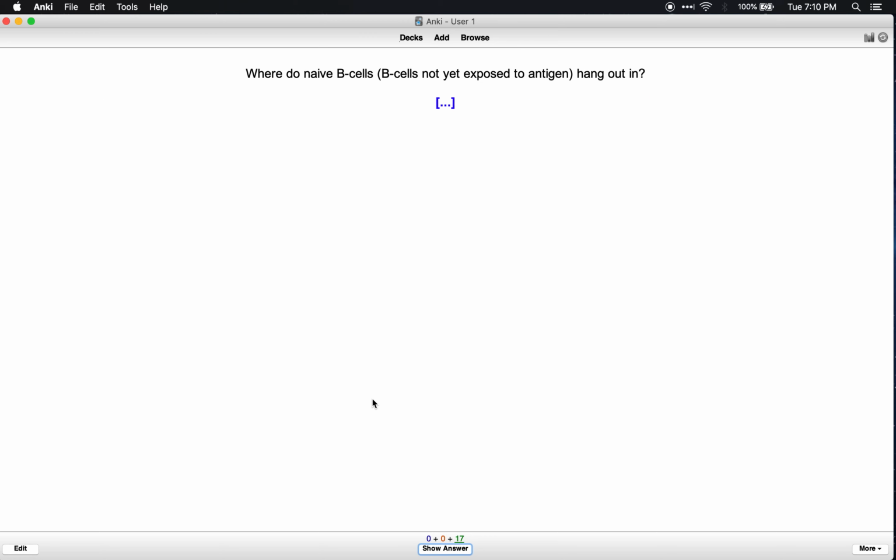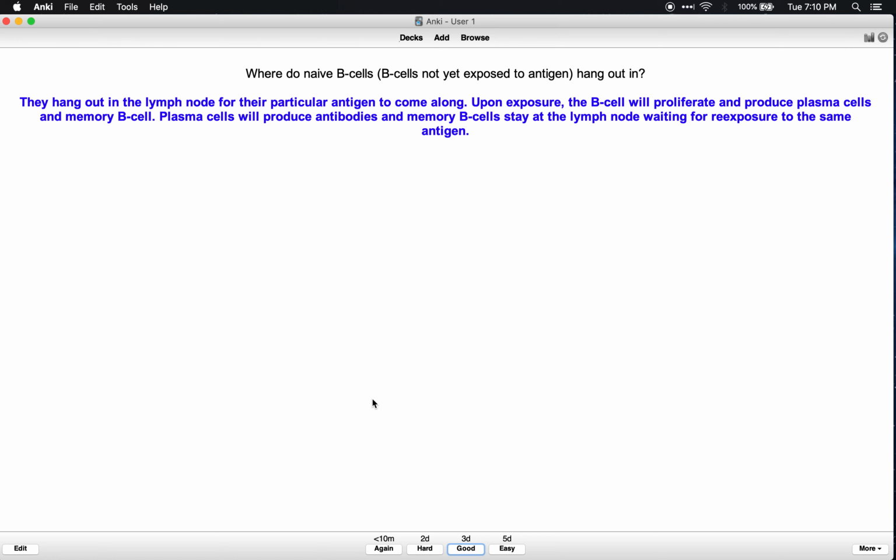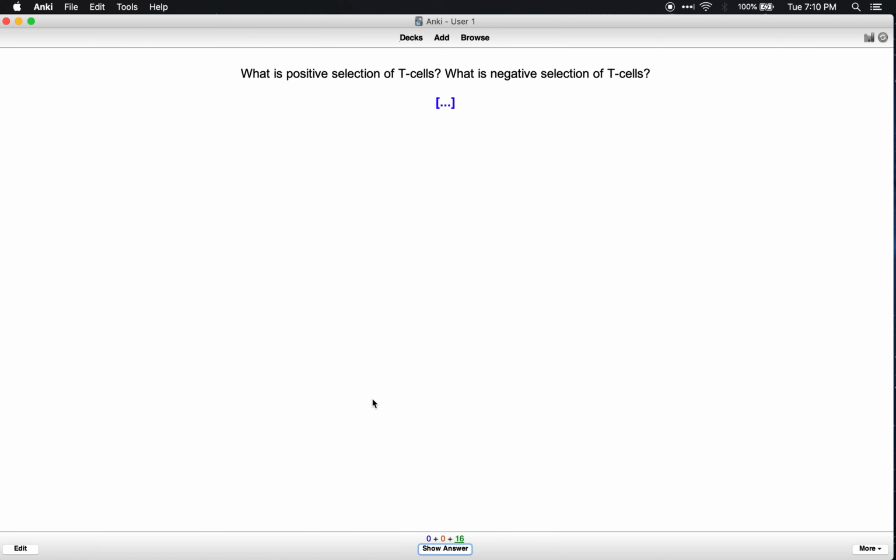Naive B cells hang out in the lymph nodes. Positive selection of T cells allows only T cells that are reactive to foreign antigens to mature or become activated. Negative selection of T cells refers to the destruction of T cells that are self-reactive to self-antigens.